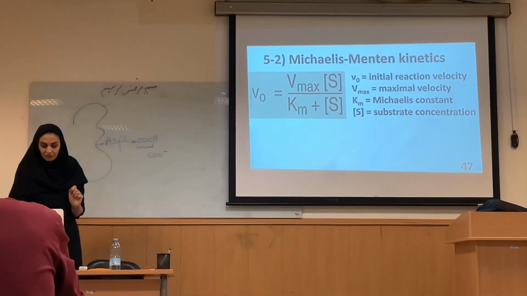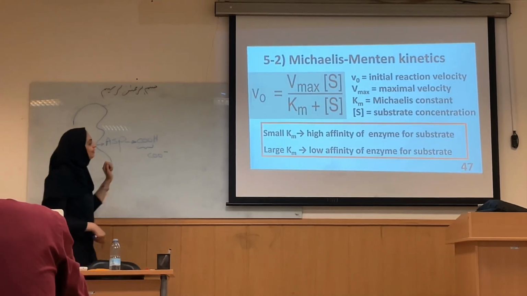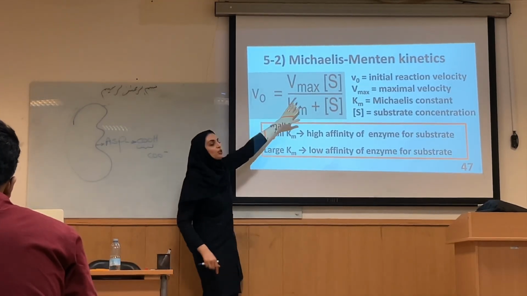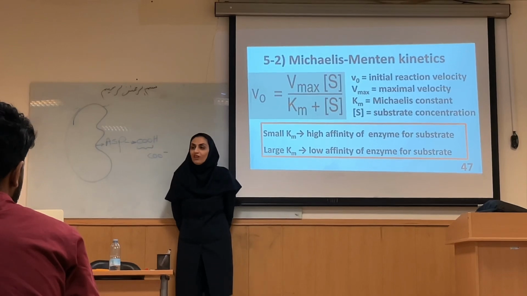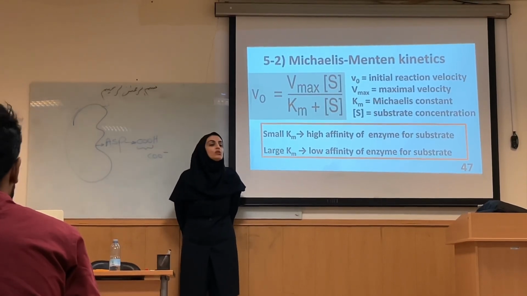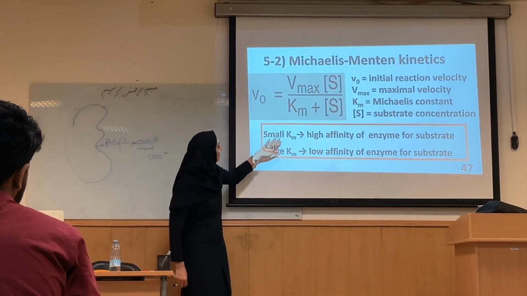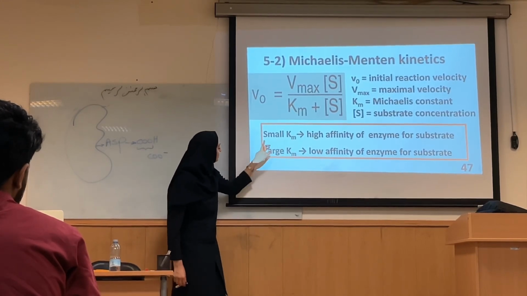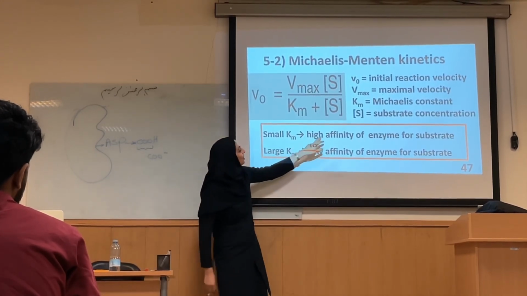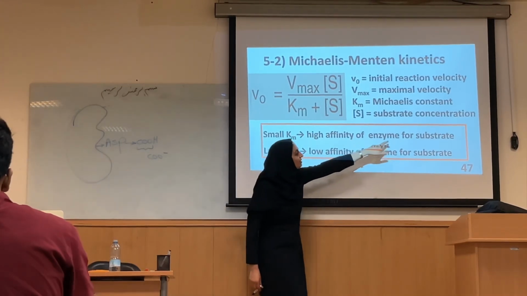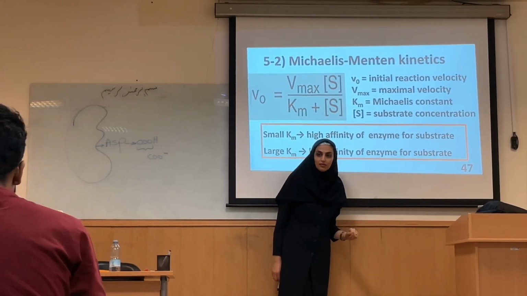And guys, do you know what? This Km reveals the affinity of the enzyme for the substrate. As the Km is small, it means high affinity of the enzyme for the substrate.